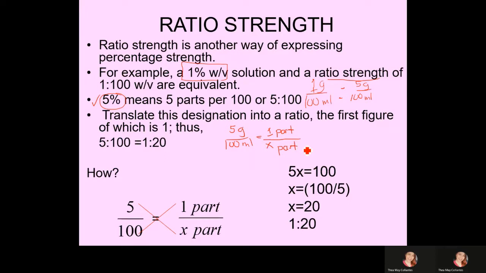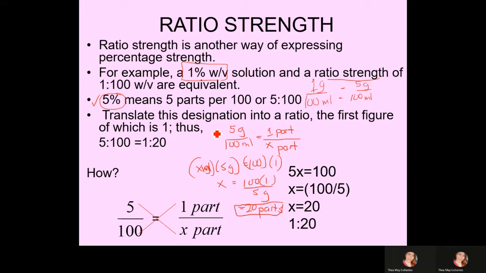So basically, guys, we are just solving for the lowest term. So that would be x grams, or x in ml because we are in gram per ml, times 5 grams is equal to 100 times 1 part. So x would be equal to 100 times 1 divided by 5 grams. So 100 divided by 5, that would be 20. So it means 20 parts.